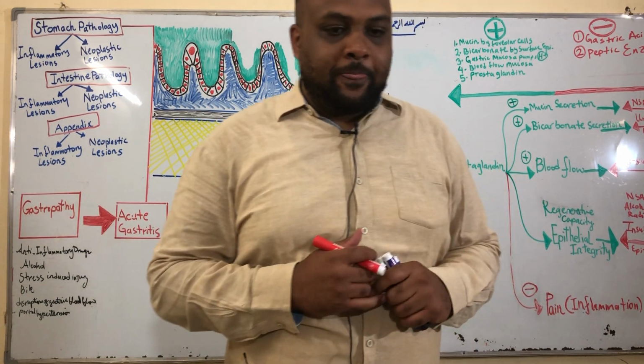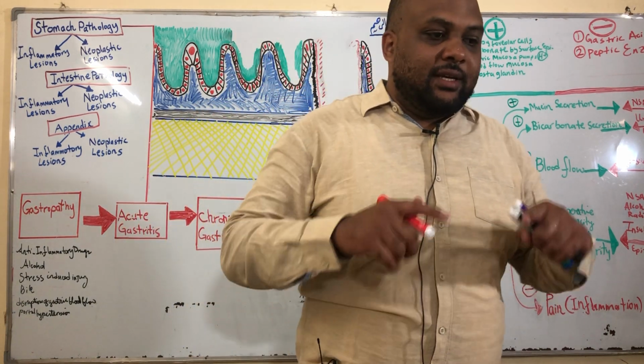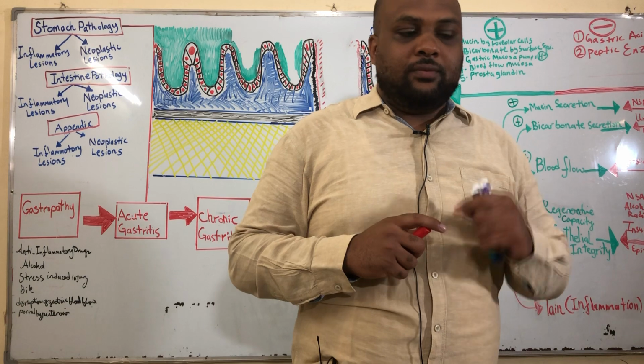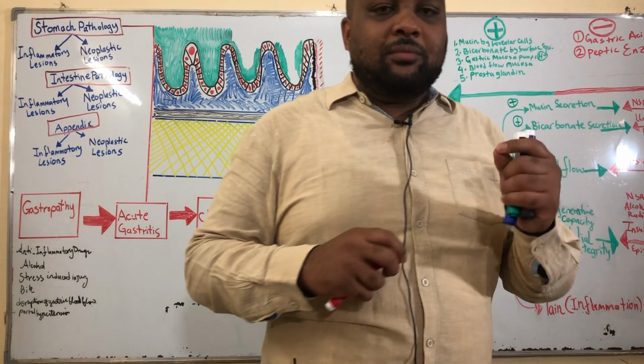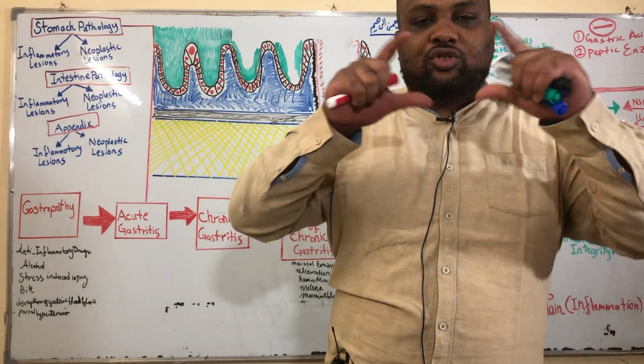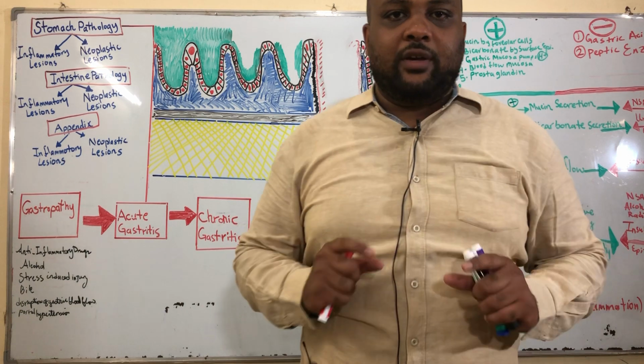That's the first thing. The second thing that we need to know is that in order to understand gastric pathology, we have to have some rudimentary knowledge of the structure, the anatomy of the stomach.